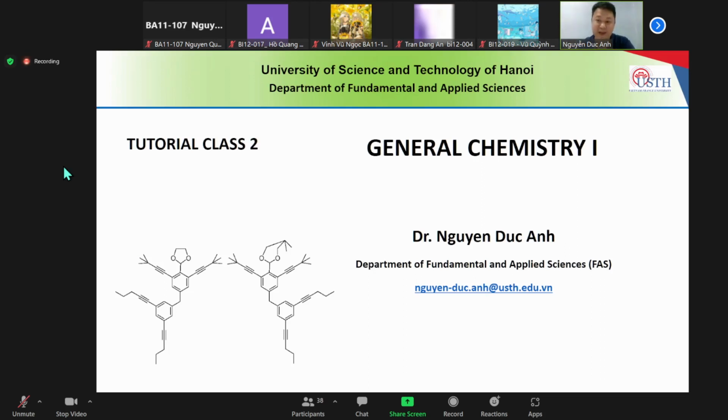For example, you will have a set of atoms that have the same number of protons but different numbers of neutrons. In that case, you will have isotopes. A class of atoms that we call isotopes have the same number of protons but different numbers of neutrons, or different atomic mass.